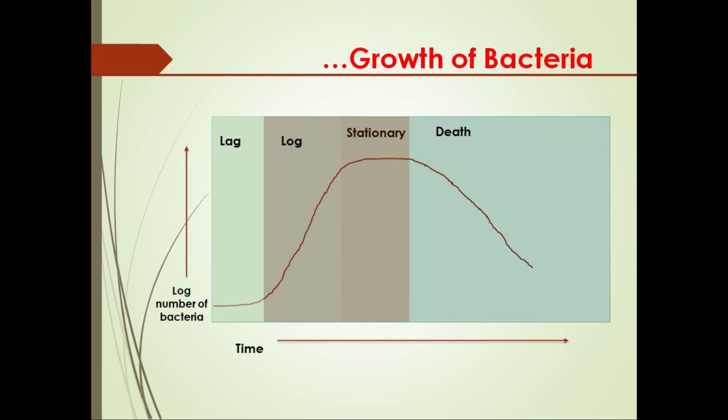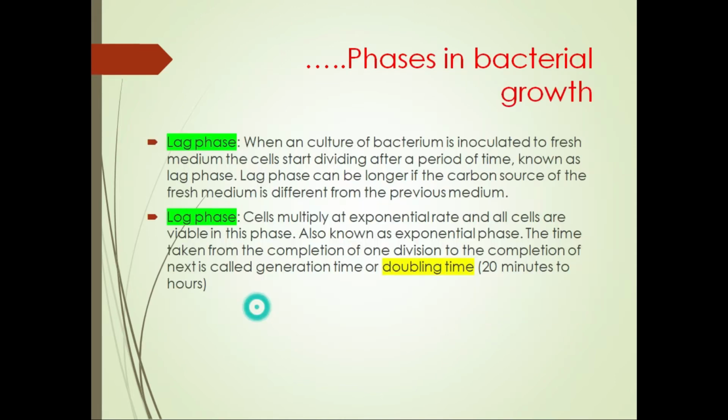The cells, when inoculated to a medium, take time to adapt to the medium, and then the growth starts, the division starts. So the lag phase is followed by log phase. In the log phase, we see maximum rate of increase of the bacterial cells. So let us see these four phases now.